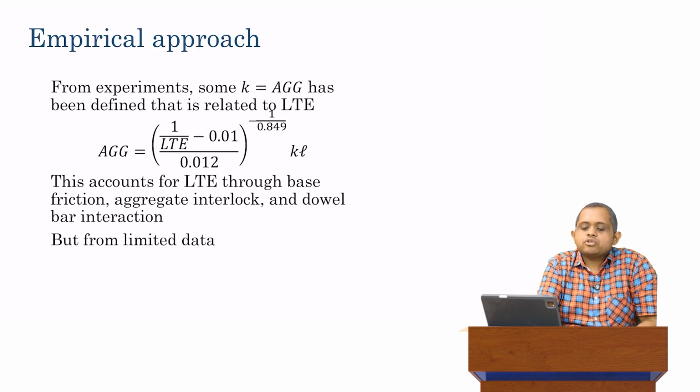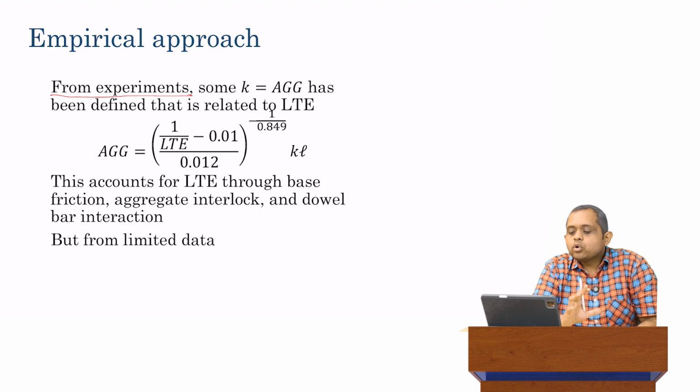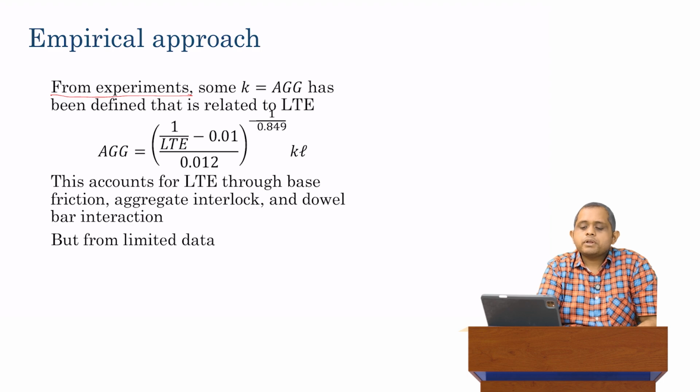So the empirical approach, as I said, basically means from experiments. And when we get to module 4 on mechanistic empirical design in about 2 lectures from now, then we'll go into much more detail on what it means to be an empirical design method. So what's happened here is that some researchers went out and collected a lot of this data.